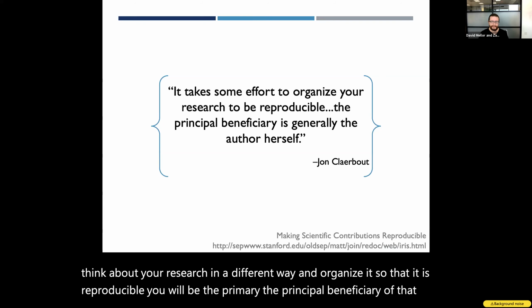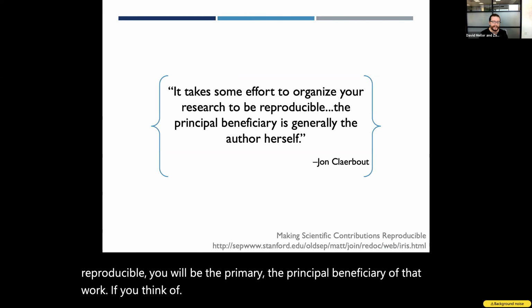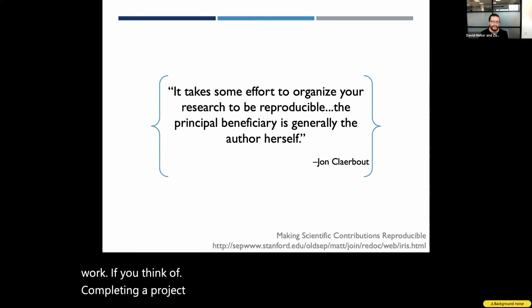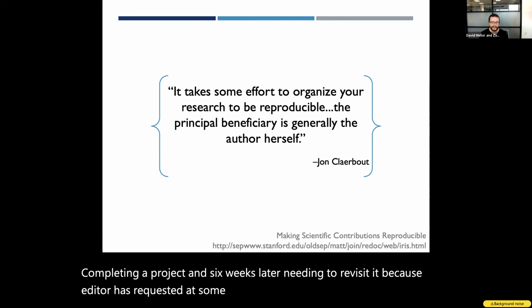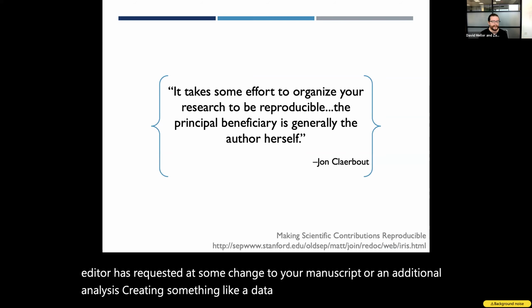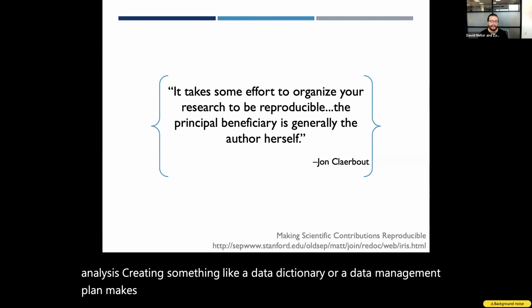If you think of completing a project and 6 weeks later needing to revisit it because an editor has requested some change to your manuscript or an additional analysis, creating something like a data dictionary or a data management plan makes it clear to your own self how to re-engage with work that you have kind of thought of as complete.